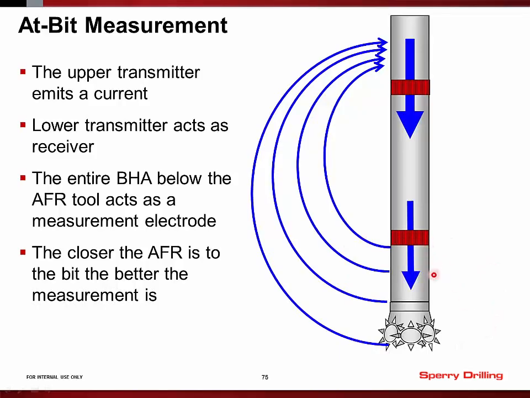This distance can be 30, 40, 50 feet, but it is good for detecting changes as the bit penetrates low resistivity formations, like, for example, drilling out of the reservoir into a water zone. The closer this receiver is to the bit, the sharper that measurement becomes, but in general it's a pretty lazy measurement, a pretty lazy response compared with the lateral log resistivity measurement and the image measurement.